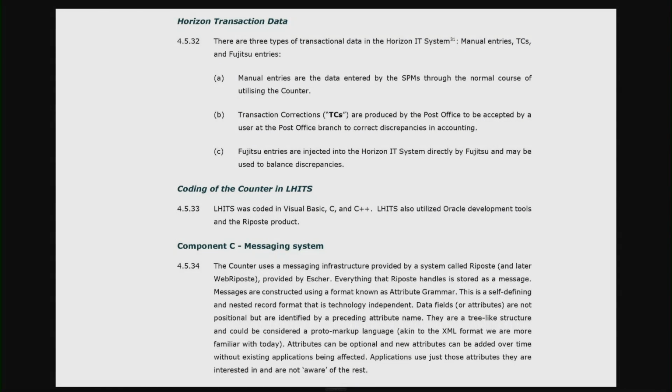I'm sorry, could you repeat the question? You earlier categorized software into different types. Oh, okay. Where in that categorization do those three sit? Yes, so Visual Basic, C and C++ are all programming languages. So I would include those in the application development category. The Oracle development tools would have been related to the relational database management system, the database that Oracle provides, so I would put that in DBMS.